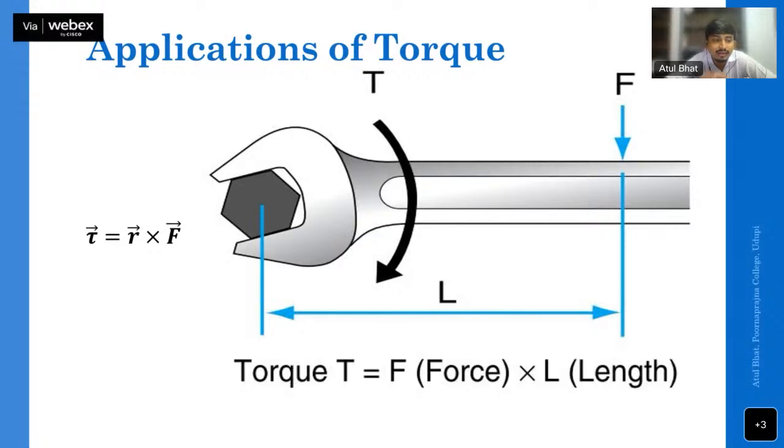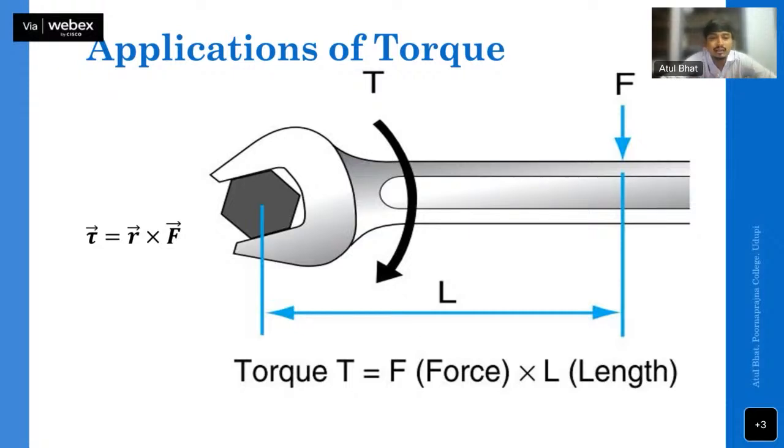Fine. Now, where is this torque used? You use torque when you use a spanner, because the force required to cause rotation depends not only on the force you apply, but also on the radius. That means if the radius is very large, the force can be small, and even then you'll get torque. If the force is large and the radius is also large, the torque is very high.